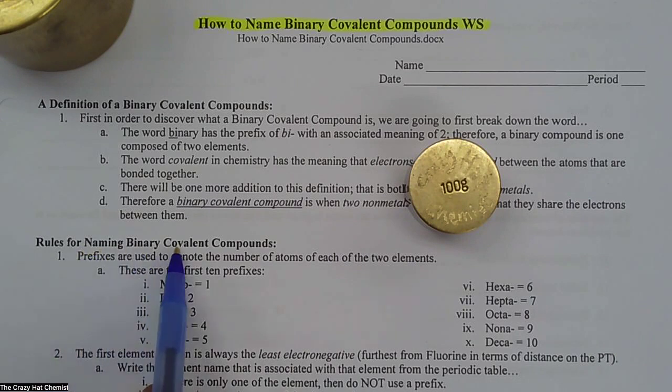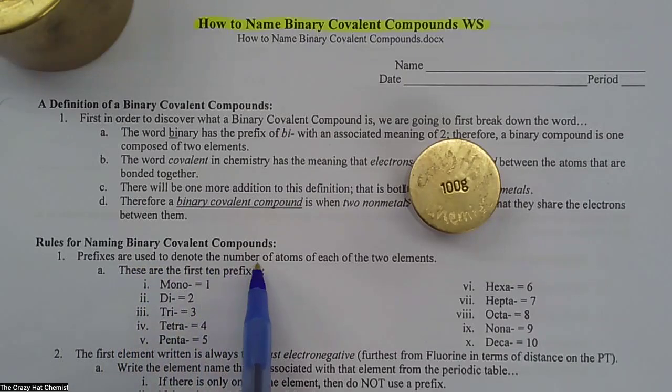Rules for naming binary covalent compounds. Number one, prefixes are used to denote the number of atoms of each of the two elements. These are the first 10 prefixes, and in this particular class, we're not going to be doing anything more than 10.